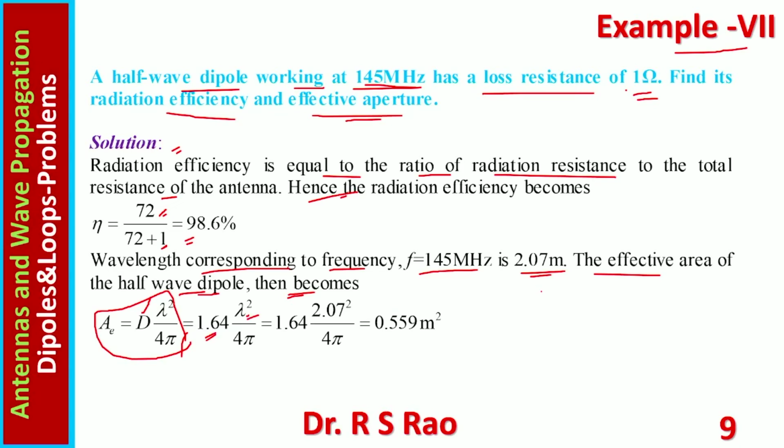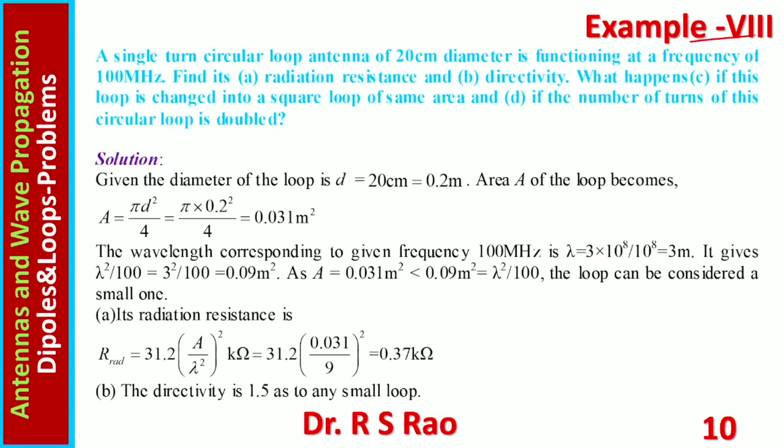Lambda, wavelength, is 2.07. Substitution and doing a little bit of calculations gives us effective area as 0.559 meter square.